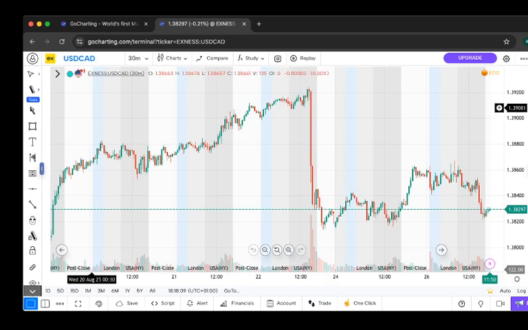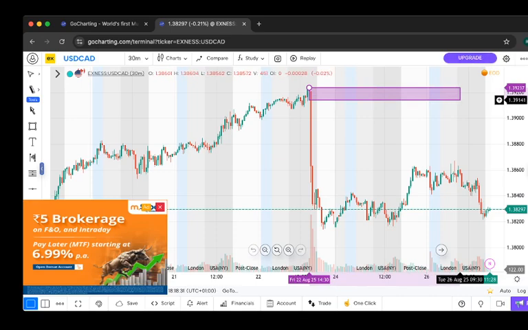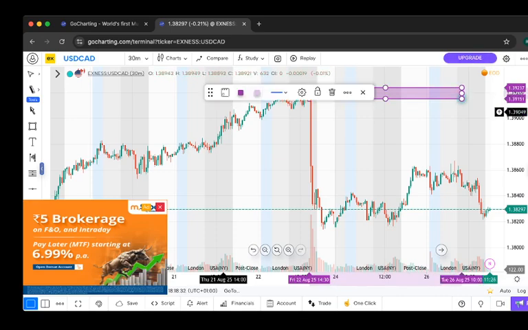In order to do that, we have to spot the zone. To make it easier, you can use the candle before the aggressive candle and identify the wick to wick of the candle. I'm doing this now, and this is what we call a supply zone.